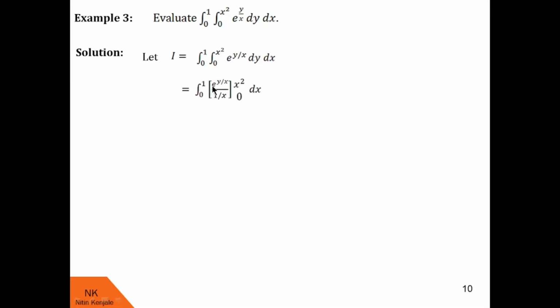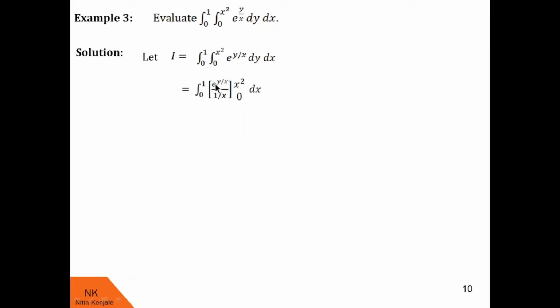So let us evaluate this inside integral keeping x constant. So e raised to y by x integration is e raised to y by x upon 1 by x over the limit 0 to x square. This outside integral and this order will remain as it is. Now let us substitute these limits in y.